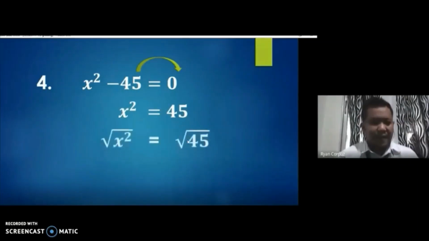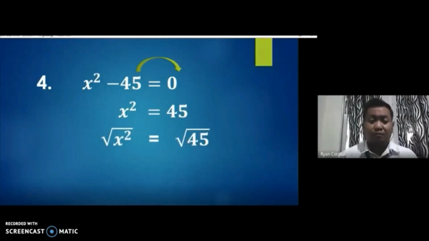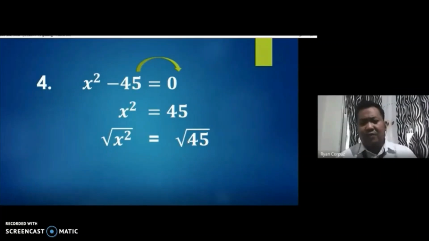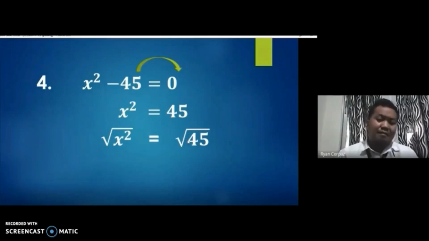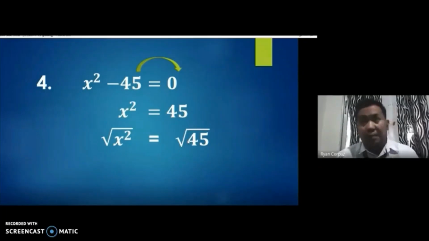Then the next step is that we are going to get the square root of both sides of the equation. On the left side, when we get the square root of x squared, the answer is x. We know that because it's a perfect square. But on the right side, it's 45. There's no whole number that when you multiply it by itself, the answer is 45. So there's no number like that.